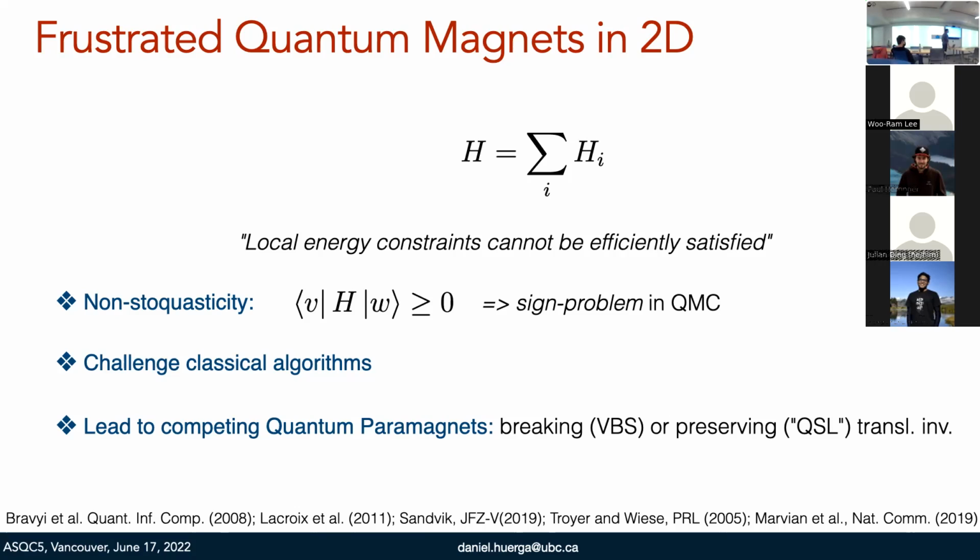I'm sorry, Daniel, I didn't quite understand. So non-stochasticity, what should be the equation? It should be V strictly positive, not zero. So somehow it's a complex number. The problematic thing is anything except only negative.